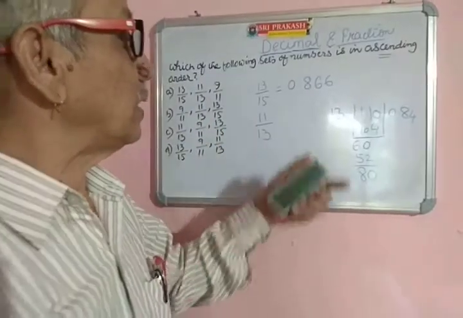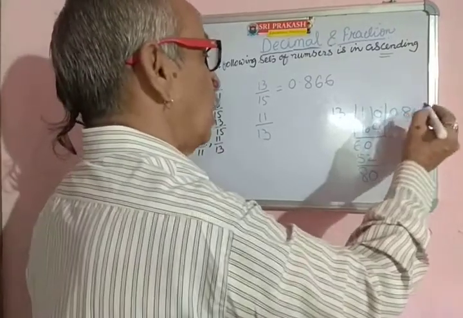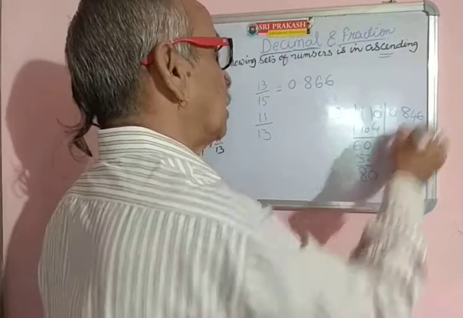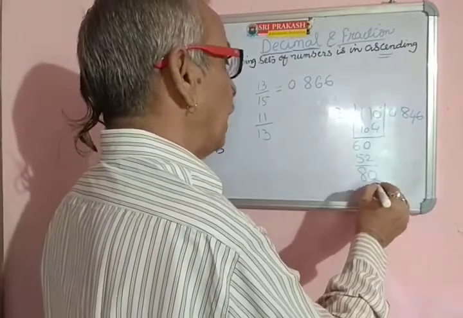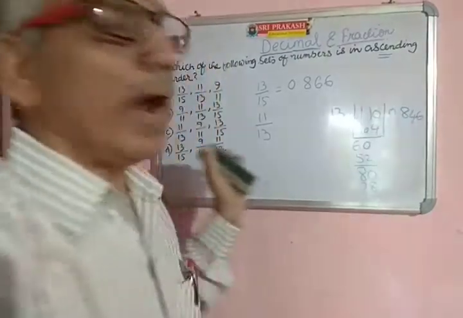Next 13, how many times will it go? 13 6s are 78. So 0.846.